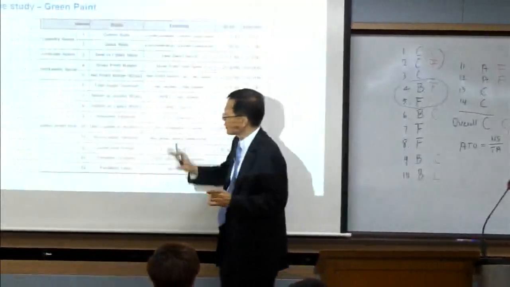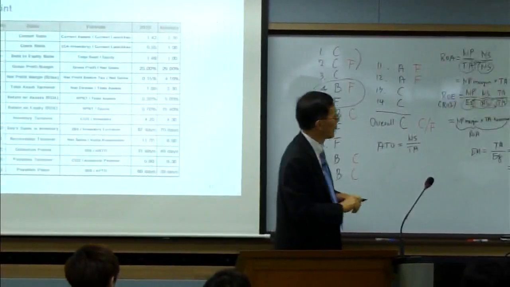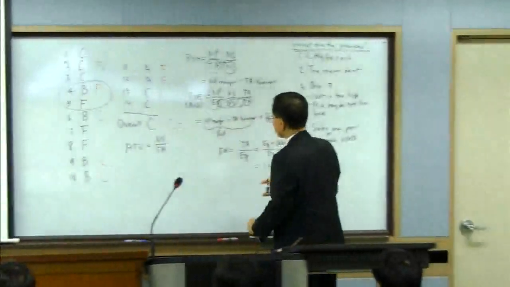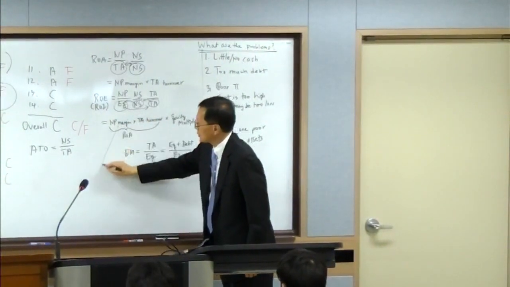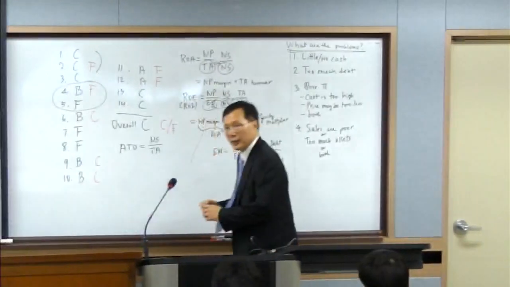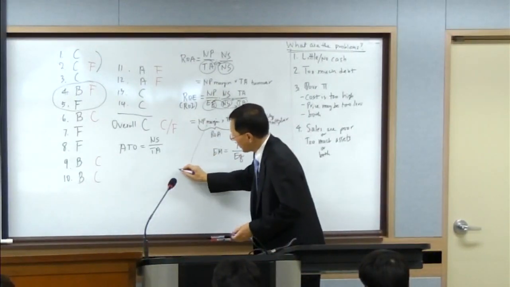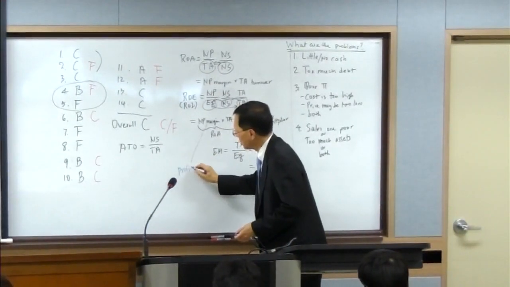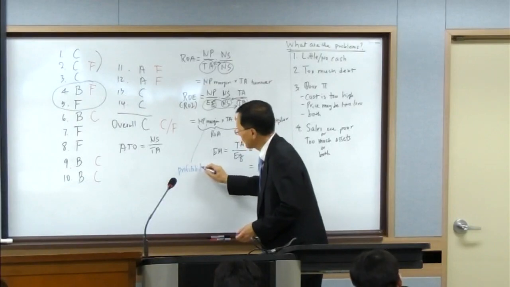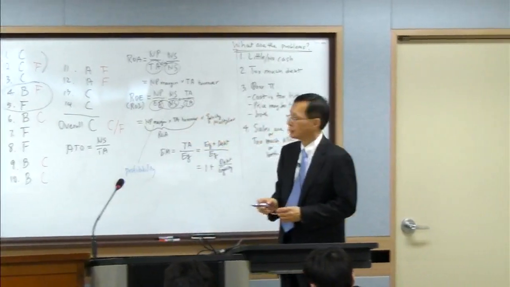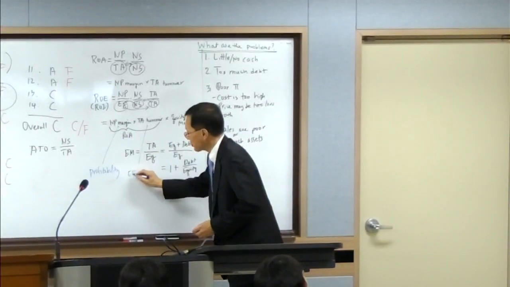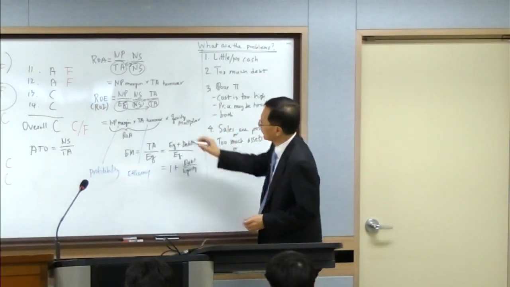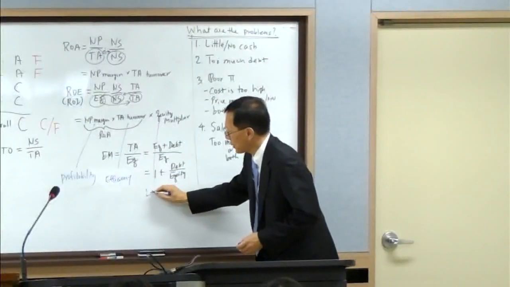In this analysis, net profit margin tells you about the profitability of the firm. Total asset turnover tells you about the efficiency of asset management. And equity multiplier tells you about the leverage of the firm.